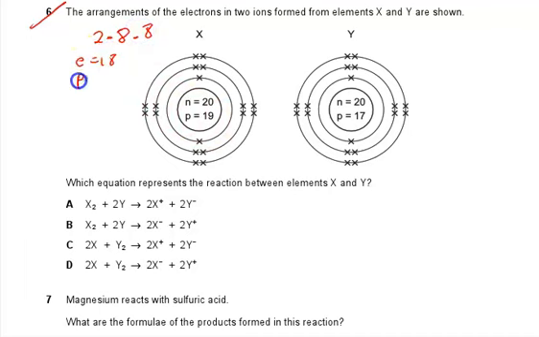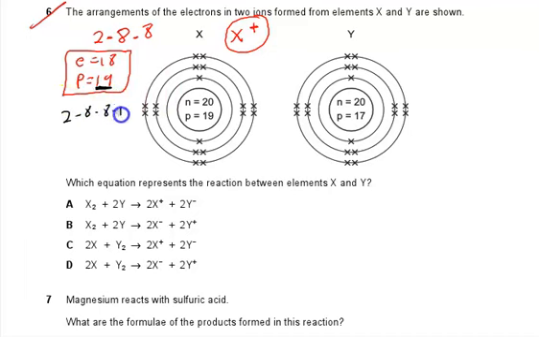The protons here are 19. So this is an ion, a positive one. If we follow the protons, the actual arrangement is 2.8.1, which means it's in group 1.